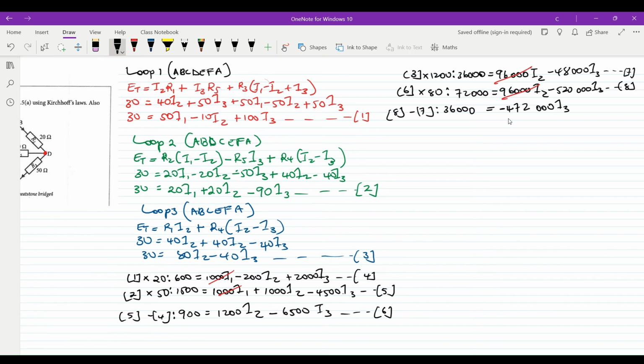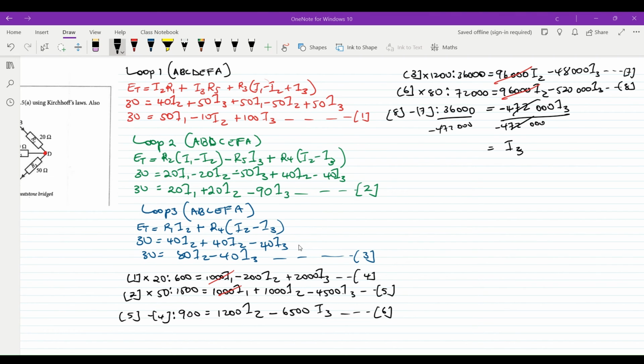Negative 472,000 I3. Right? We're going to divide both sides by negative 472,000. This and that will remove each other. Then what will be the value of our I3? The value of our I3 is going to be 36,000 divided by negative 472,000.